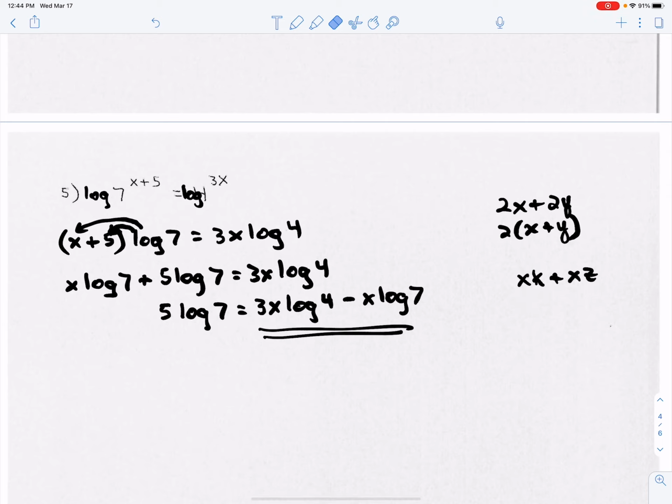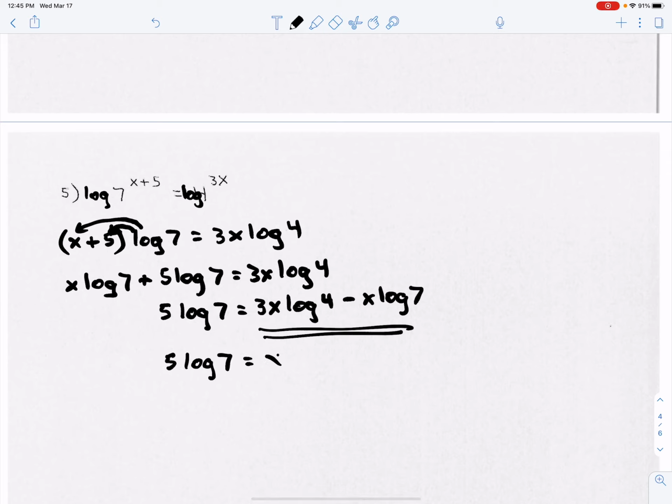Okay? What I can do is factor out an x. So what am I going to do? To this problem that we've got here, I've got 2 x's, but I only want 1 x, so I'm going to factor out an x.